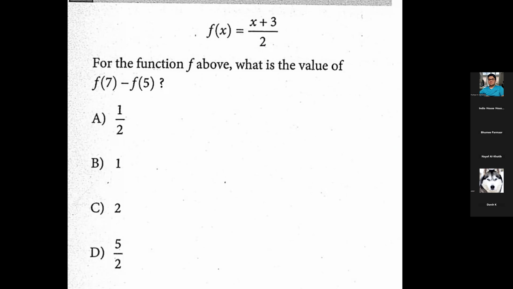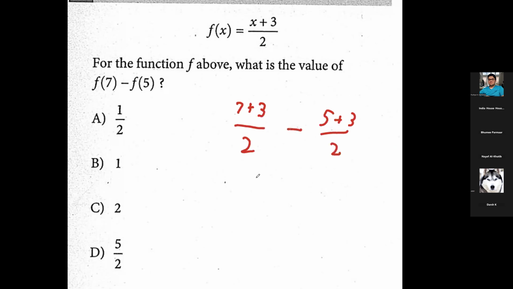Okay, so for question two, for the function f above, what is the value of f of 7 minus f of 5? First we just plug in for x. So f of 7 would be (7 plus 3) over 2, and f of 5 would be (5 plus 3) over 2.